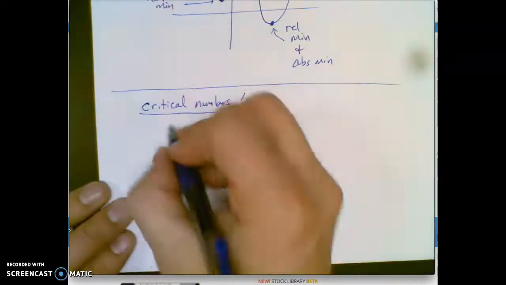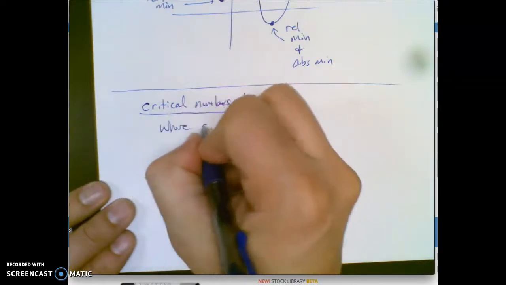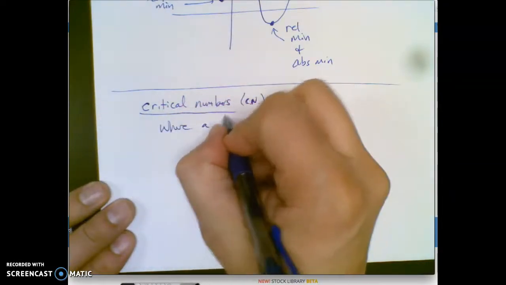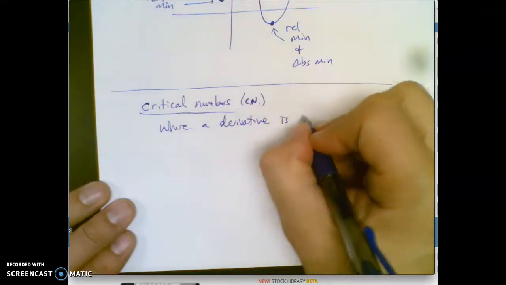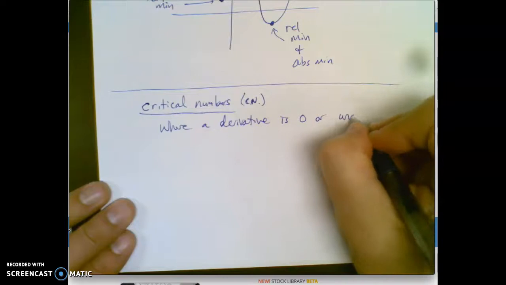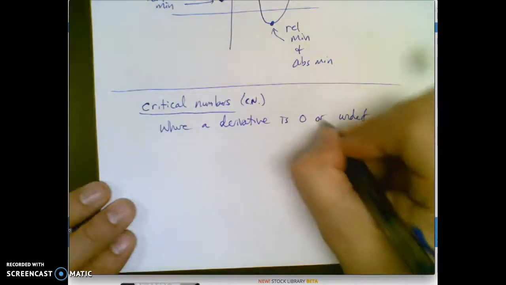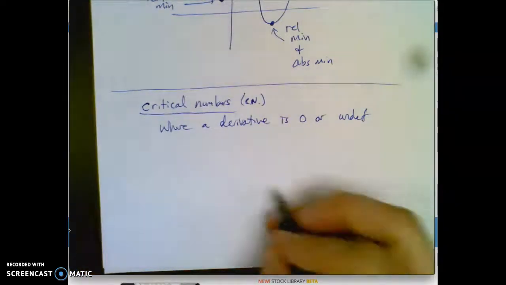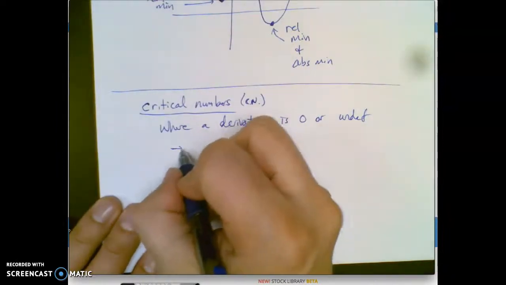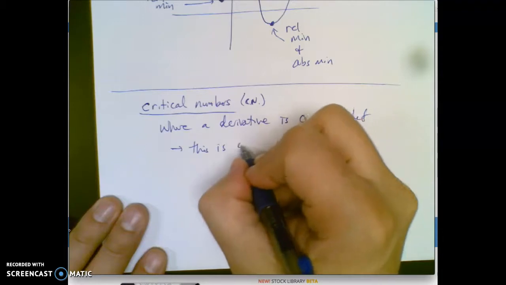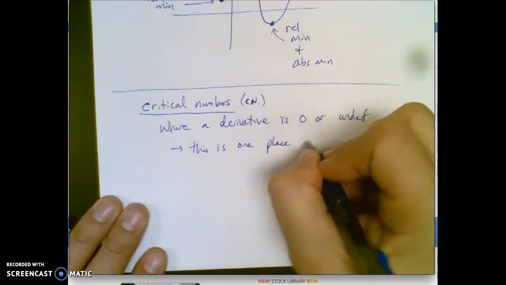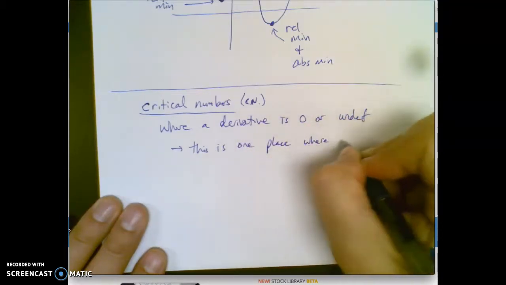Critical numbers are where the derivative is 0 or undefined. Those are critical numbers because that's where cool stuff happens. This is one place where extrema happen.